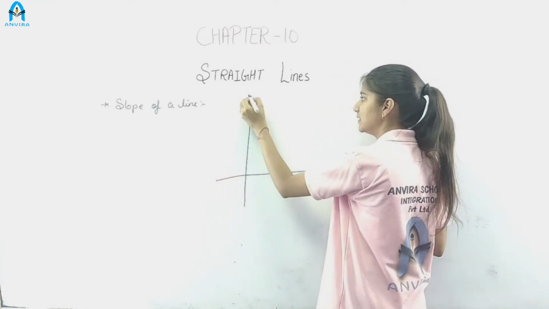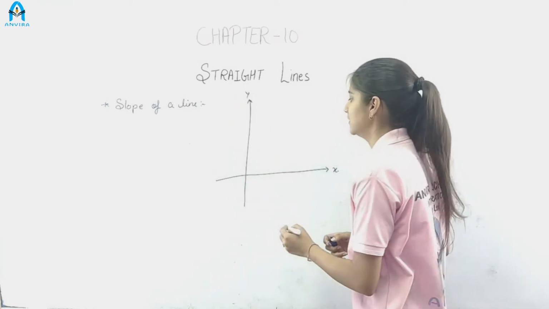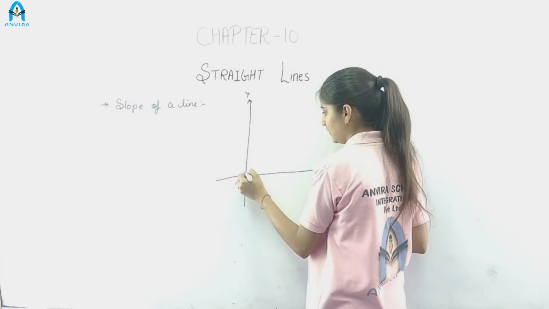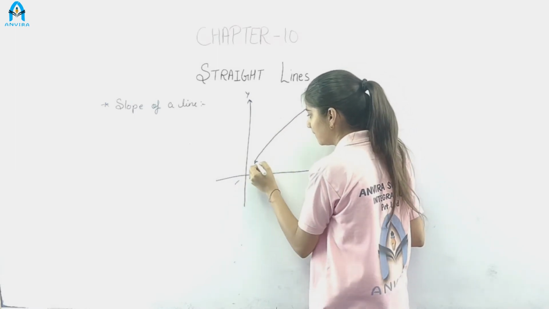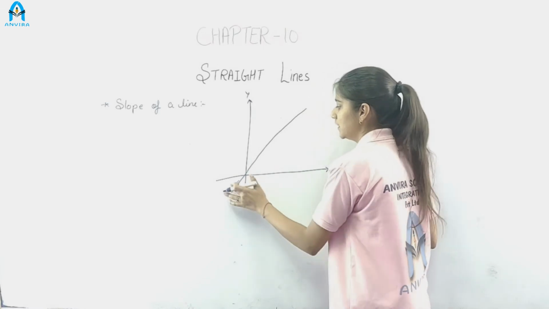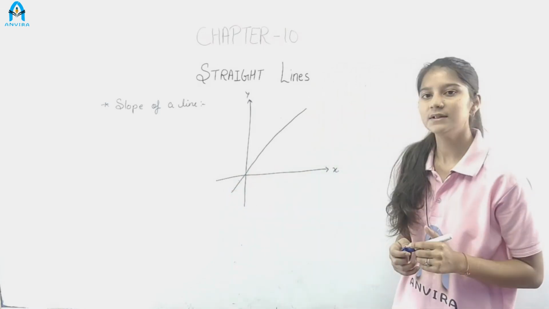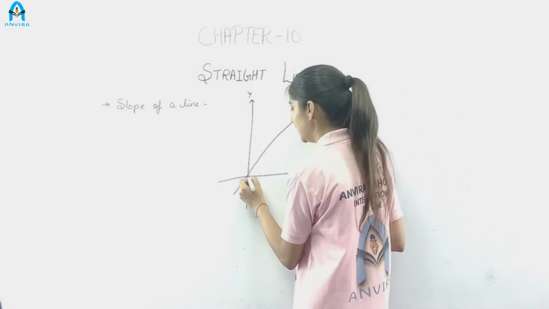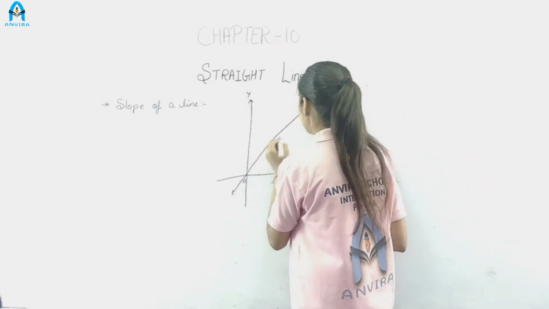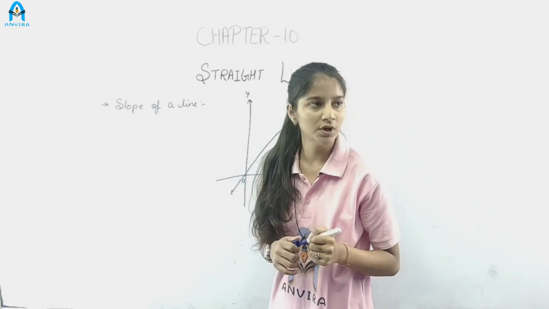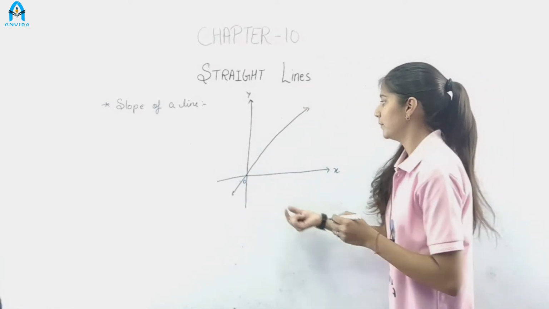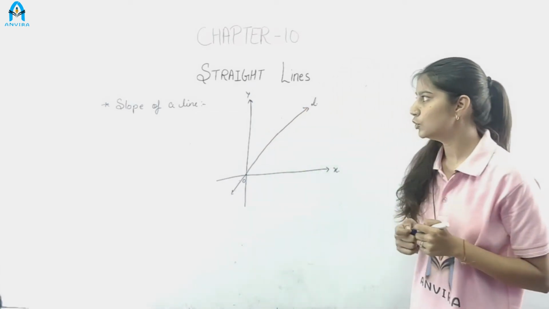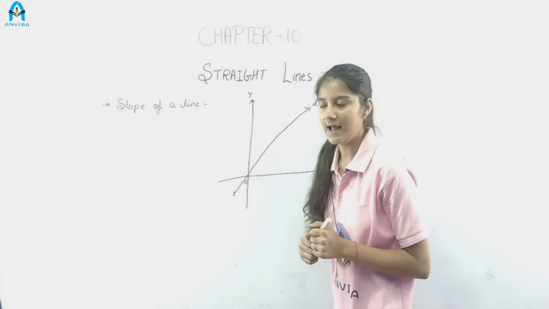It is our x-axis and it is our y-axis, and we have a straight line passing through the origin. It is not necessary that it always passes through your origin, but here we let it pass through the origin. So how could I find the slope of this line L?